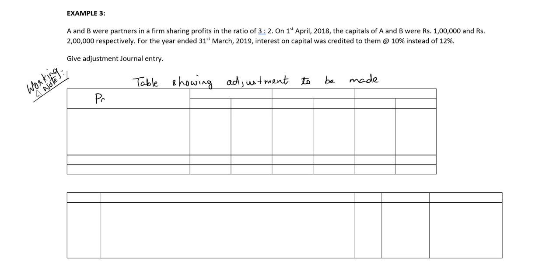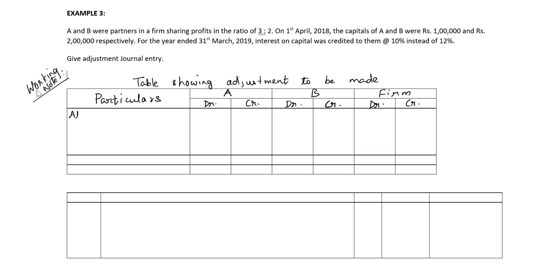The first column is the particulars column. A divided into debit and credit. B partner divided into debit and credit. And final column for the firm, which is again divided into debit and credit.